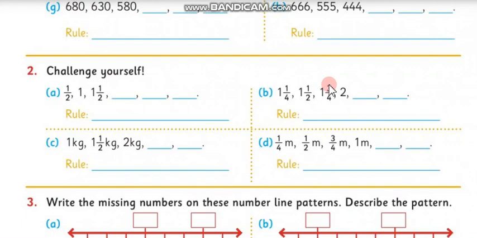And to go from 1 3/4 to 2, we need to add another quarter. So what we're doing each time is adding a quarter. That's our rule there. Now, see if you can figure out what two numbers are missing in the pattern and what rule will show us what the next two numbers are.